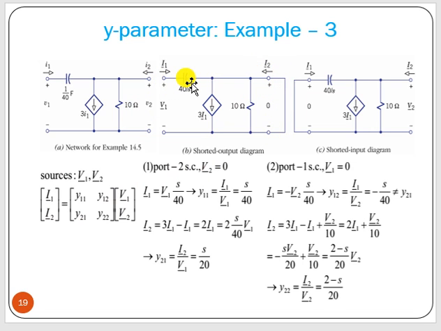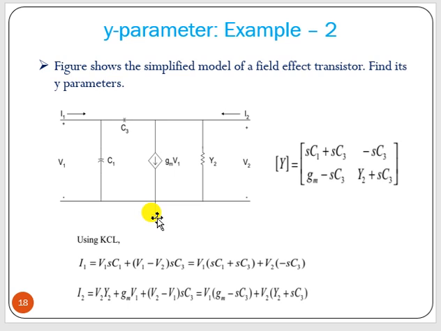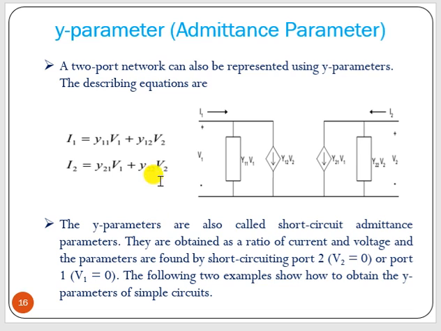Now I1 will be equal to what? Nothing but V1 into this value, which is 40 by S, so that will be S by 40. That is V1 into Y. Then in that equation V2 is 0, so this will be 0.